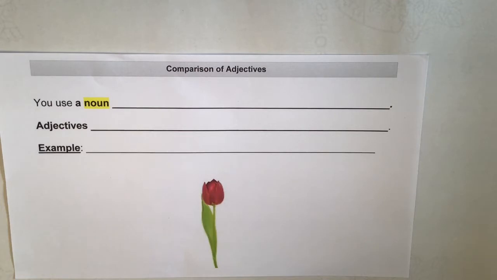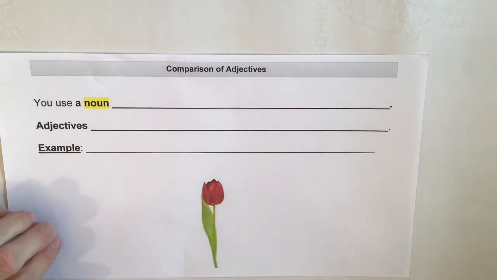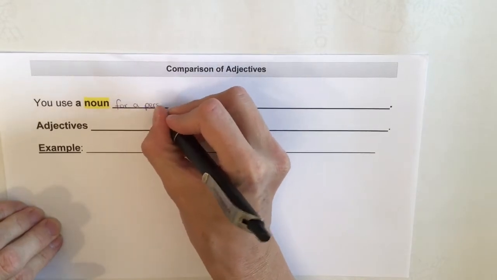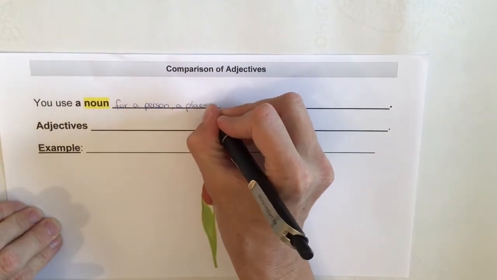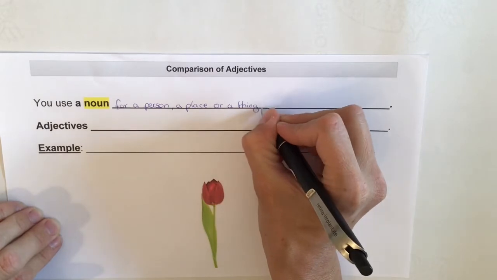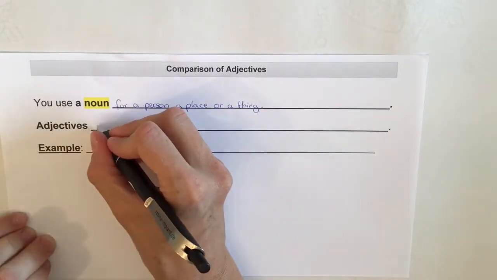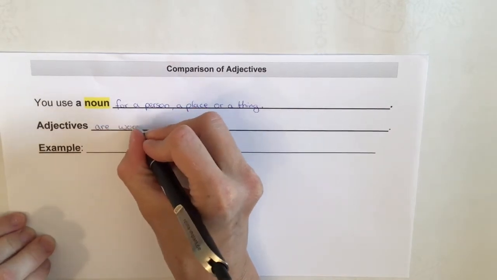First of all, you'll have to know what a noun is. You use a noun for a person, a place, or a thing. And adjectives are words that describe a noun.